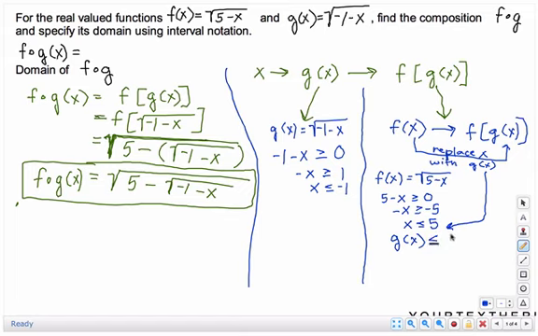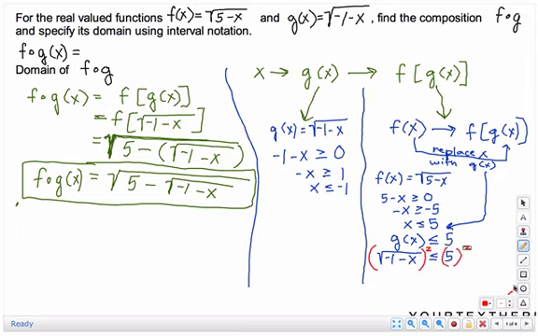So g of x has to be less than or equal to 5. Well, we're going to replace g of x with its value here, which is the square root of a negative 1 minus x. Now here, to undo this, you're going to need to square both sides. I don't have a whole lot of room, so I'm going to show what I'm doing here by changing the color.